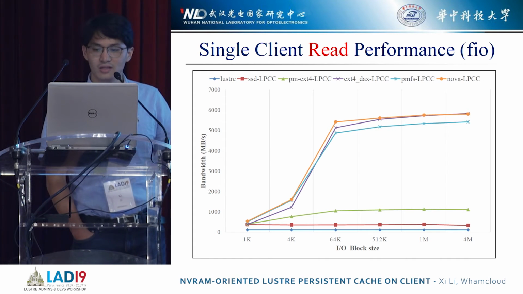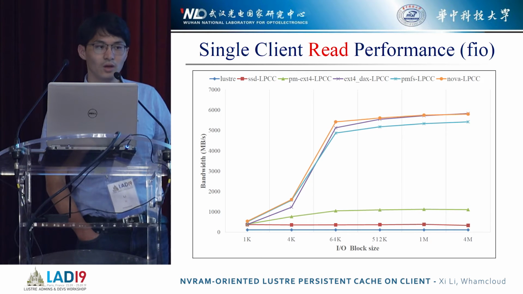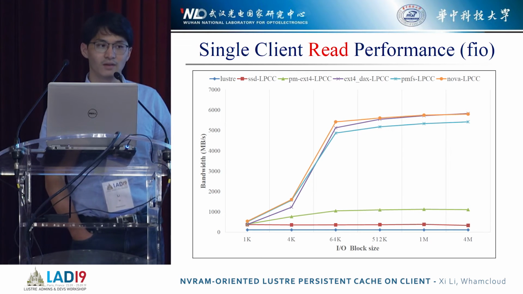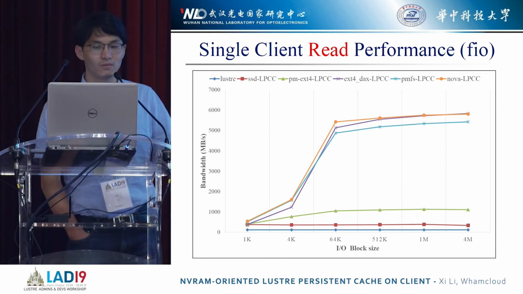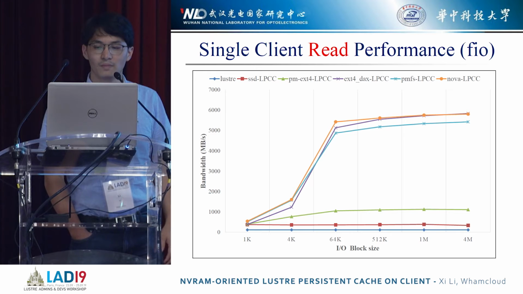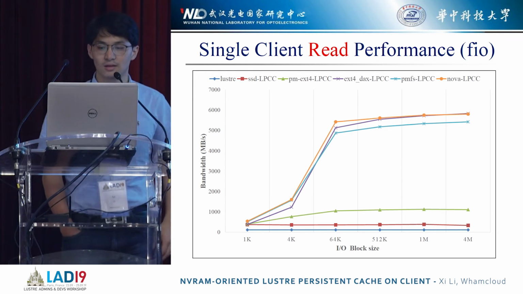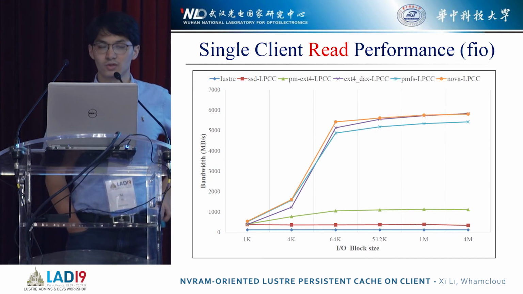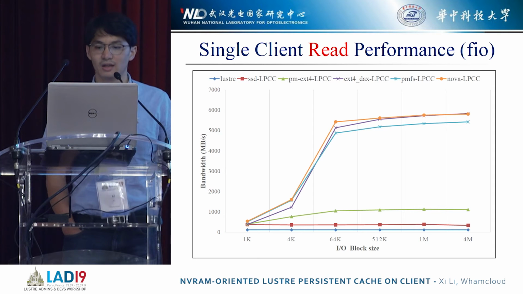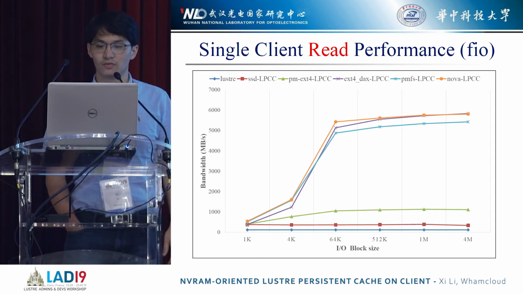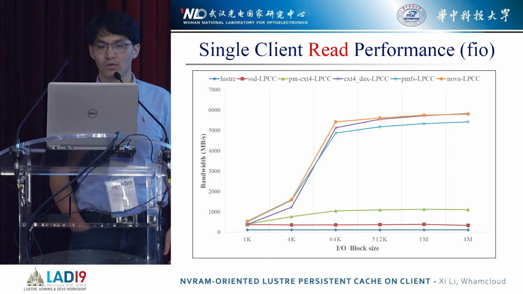And PMFS LPCC means you use LPCC, but at the same time you use PMFS as a file system to format the PCC storage. Another well-known NVRAM file system is Nova, so there is a line for Nova LPCC. PMFS is the other well-used file system which is designed and implemented especially for NVRAM.